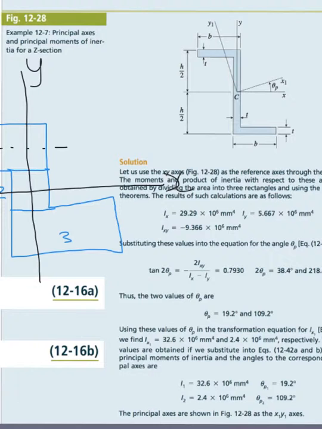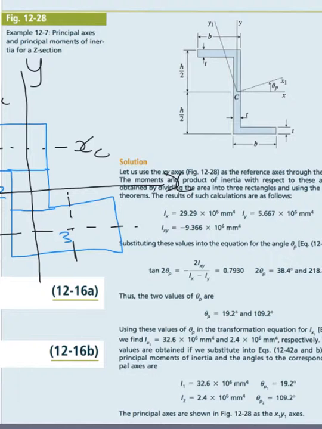That will be your YC. That will be your XC. And the same applies to this one here. So this axis is exactly in the middle of this length of the rectangle, and the same applies to this axis here. It's at the middle of that side of the rectangle.